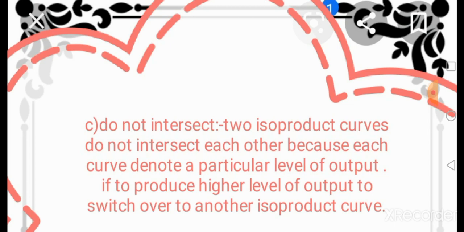For example, if the company wants to produce 10,000 units, it takes a combination of capital and labor and draws an isoquant curve for 10,000 units.